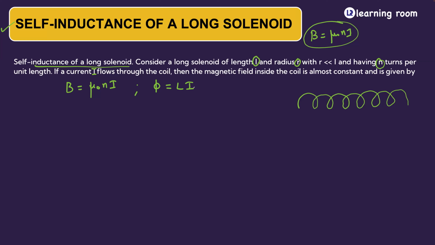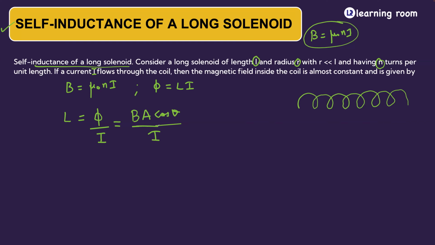Here the coil is a solenoid, L is the self-inductance of the solenoid, and I is the current flowing through it. Our job is to derive self-inductance L. Can I write this as phi divided by I? But what is the value of phi? There is only one formula for phi, which is BA cos theta. So it is going to be BA cos theta, the whole divided by I.